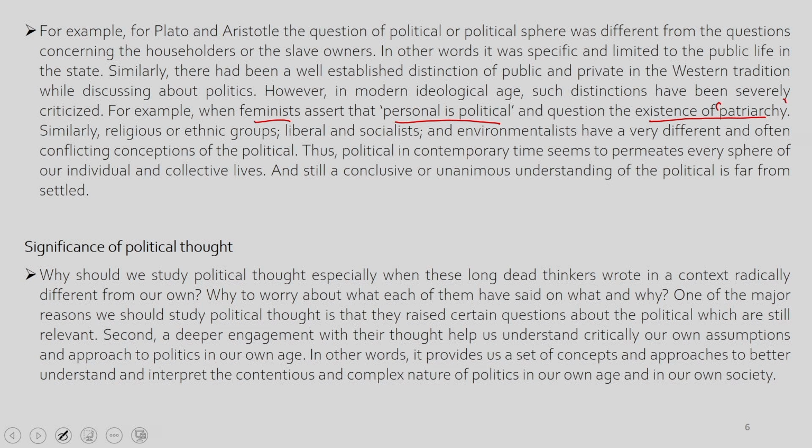Similarly, in this era of ideological political thinking, religious or ethnic groups, liberals, socialists and environmentalists have very different and often conflicting conceptions of the political. Thus, the political in contemporary times seems to permeate every sphere of individual and collective lives, and still a conclusive and unanimous definition or understanding of the political is far from settled.